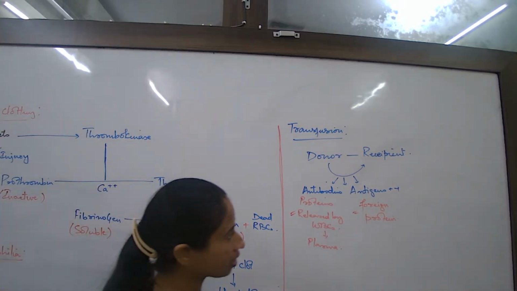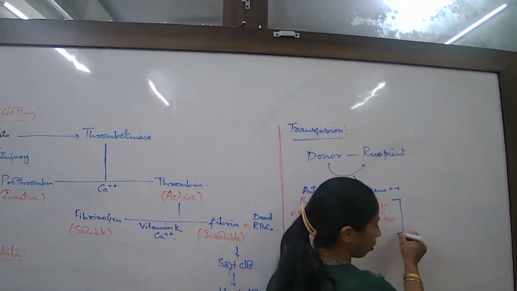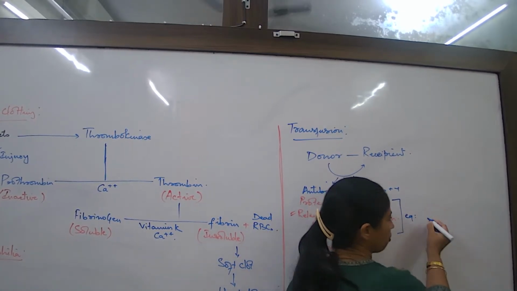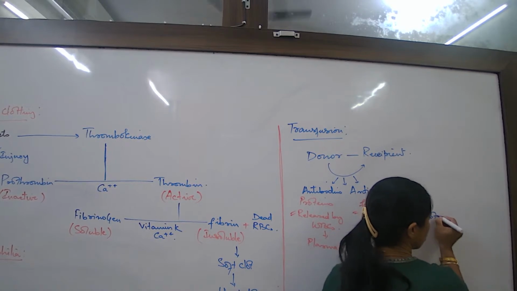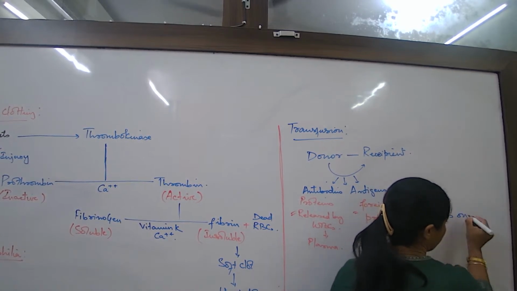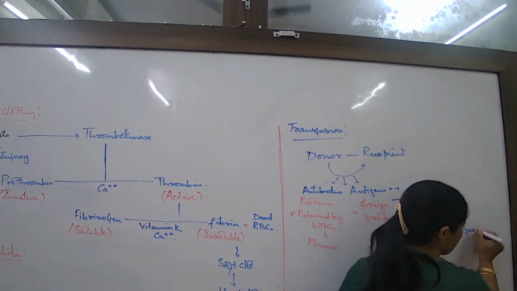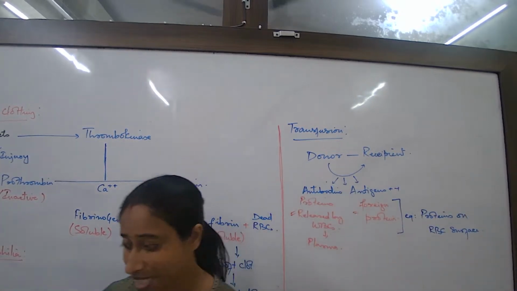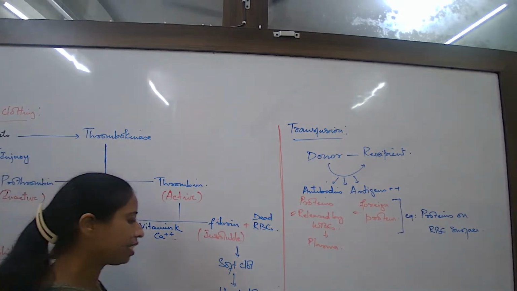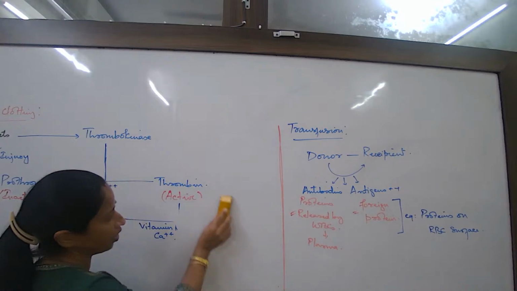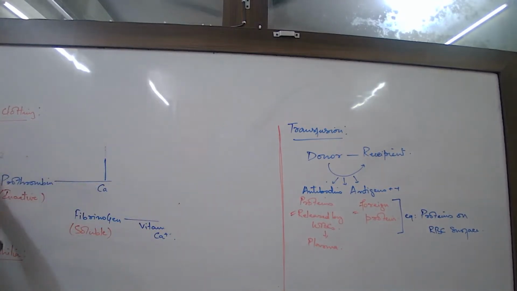Now again, this protein which is entering from outside, I can also say that one example of such proteins is the proteins on the RBC surface. Let us see how. Based on this concept, we are now going to understand what blood groups are.